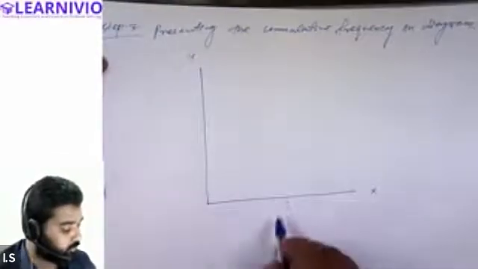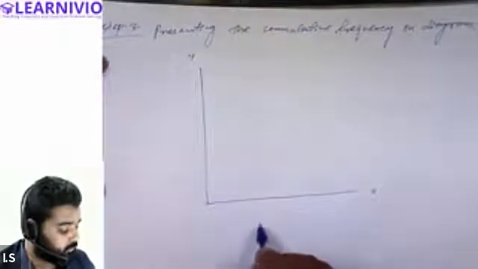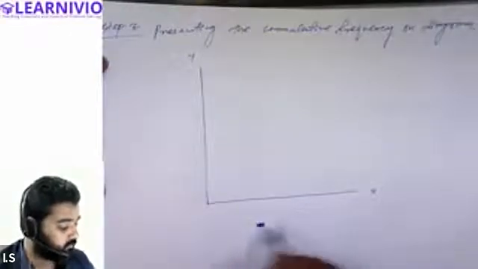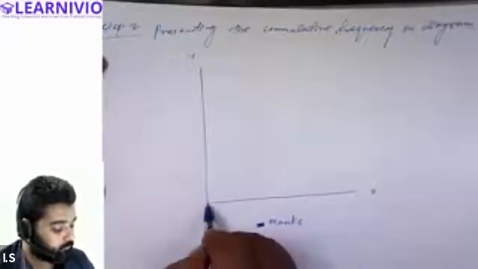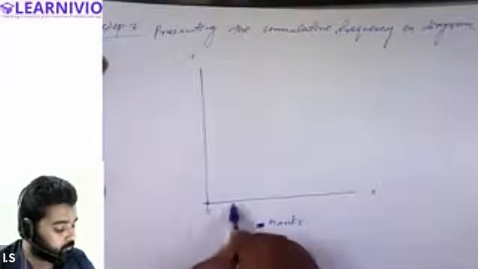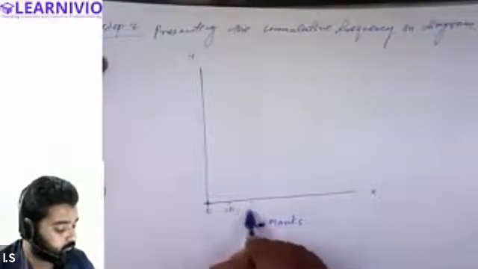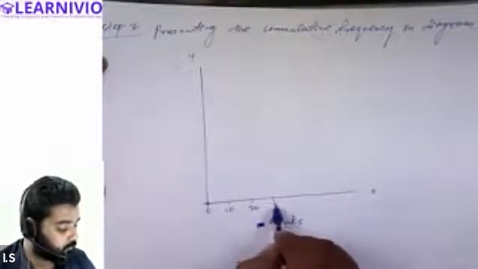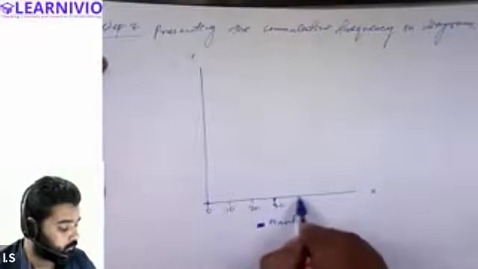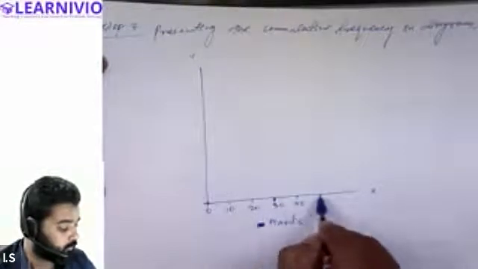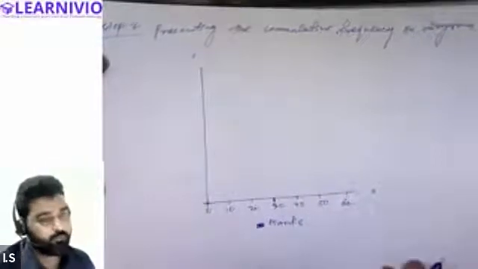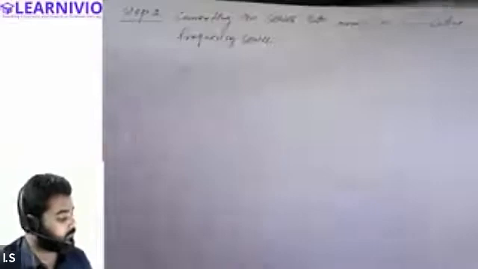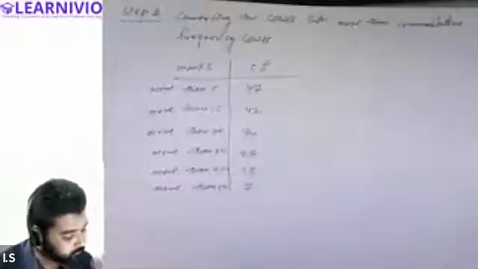On the x-axis, we will be showing the values of marks scored by students, starting with 0, 10, 20, 30, 40, 50, and 60. The lowest value of marks is 5 and the highest is 47.